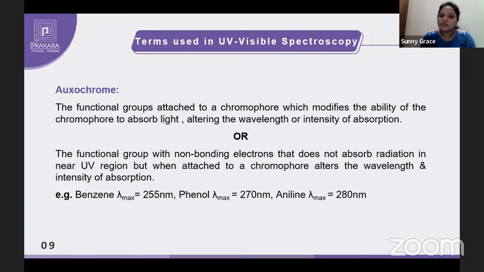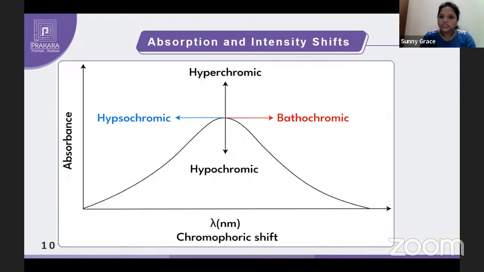If it increases the wavelength, that is what we have in one more topic, shifts. If it increases the wavelength, it moves towards the higher wavelength. When you go through the visible region, which color comes last? That is red. So whenever you see absorption at longer wavelengths, it is known as a bathochromic shift or red shift.